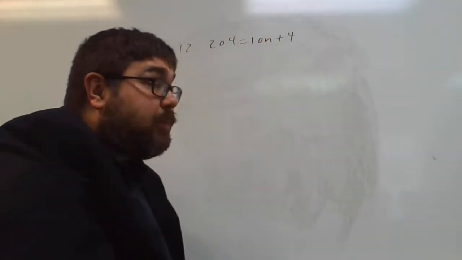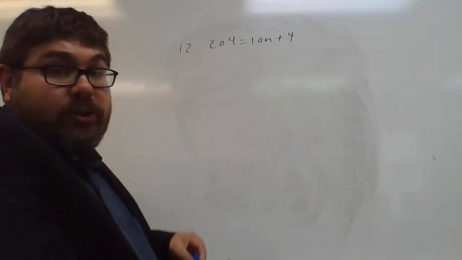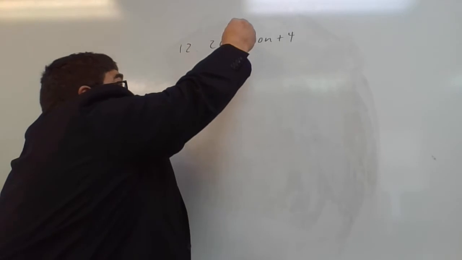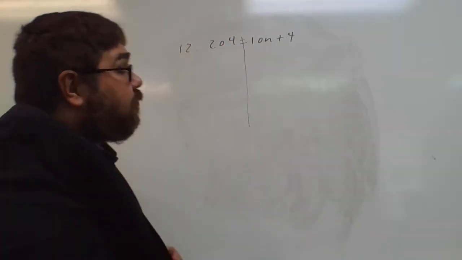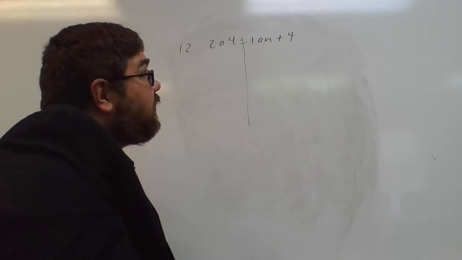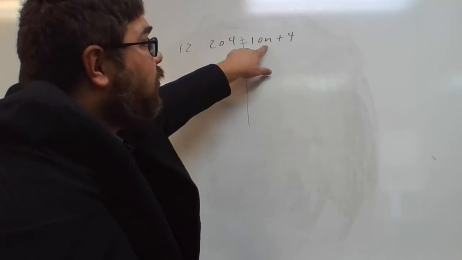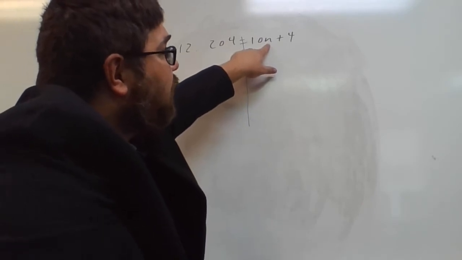So this is a two-step equation. I'm going to treat this more fancily and draw a line down the middle, to show I'm being fancy. So 10n plus 4. The first thing we want to do, of course, is get n by itself.